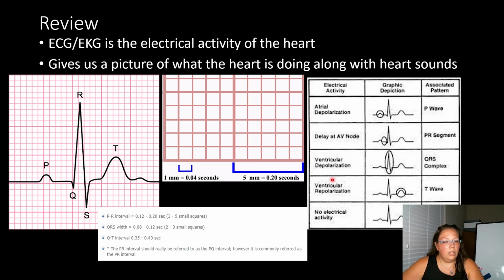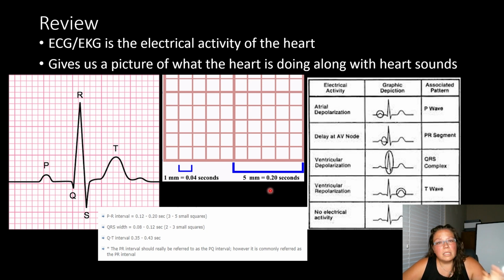All right, so what are normal intervals? One that we really want to pay attention to when we talk about blocks for this study session is the PR interval, and the normal for that is 0.12 to 0.2 seconds. That's about 3 to 5 small squares. That's something you're going to want to tuck in the back of your head, because it's really important when we start looking at rhythms that you know your PR interval.